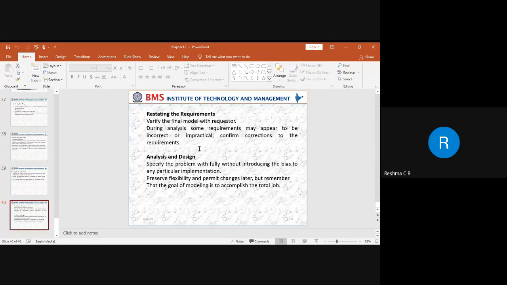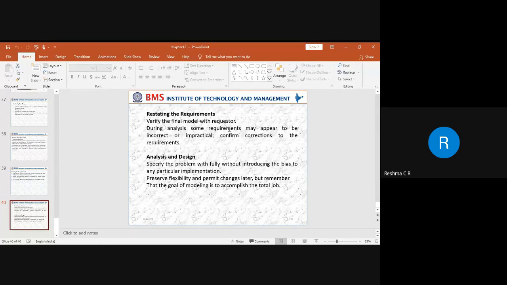And the next is restating the requirements. In restating the requirements, the first stage is the analysis stage. After performing the complete analysis stage, we need to model the entire system.